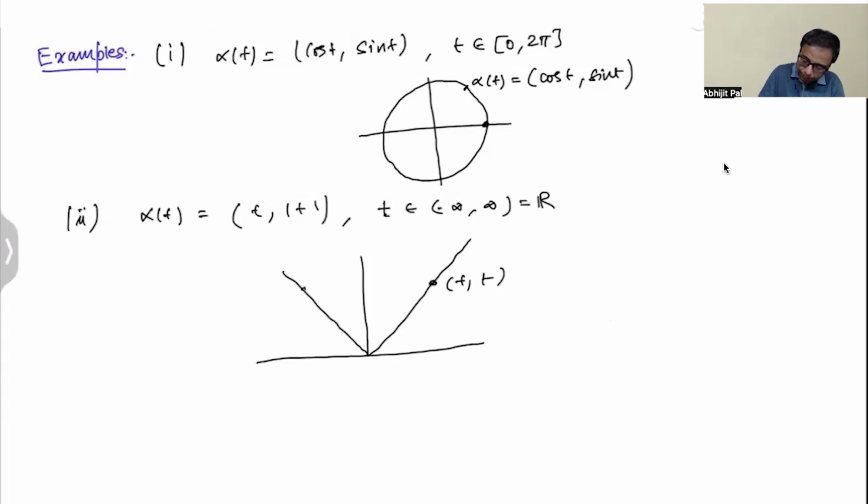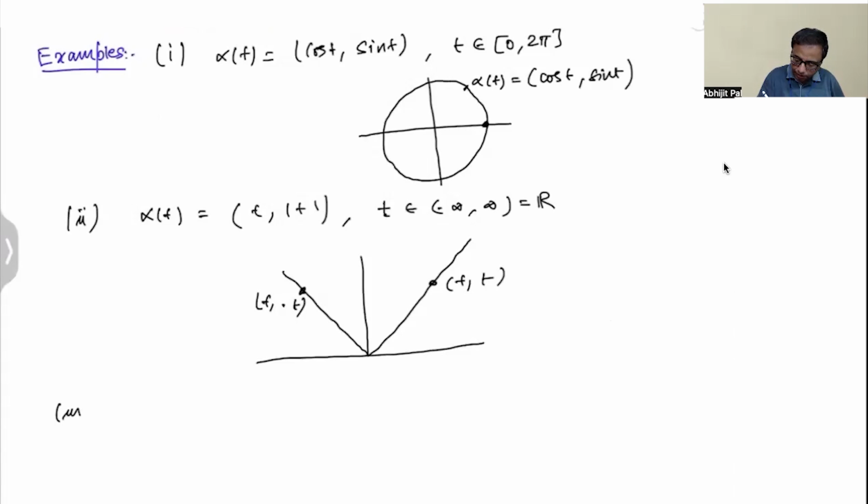Again, image of alpha in this case also lies in R2. Therefore this alpha is a planar curve.